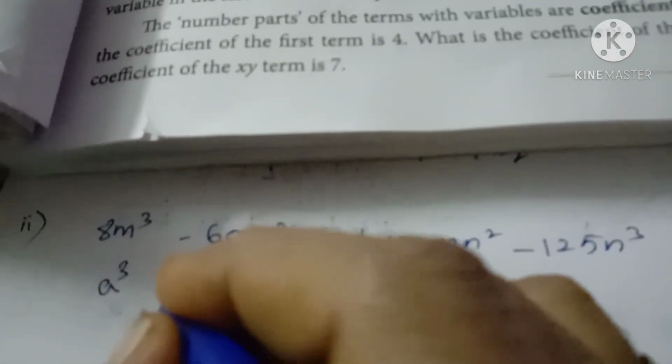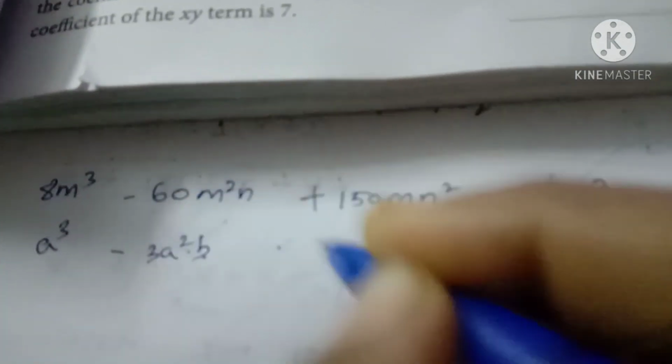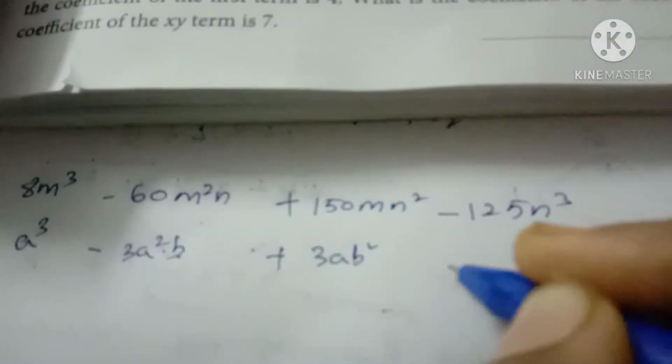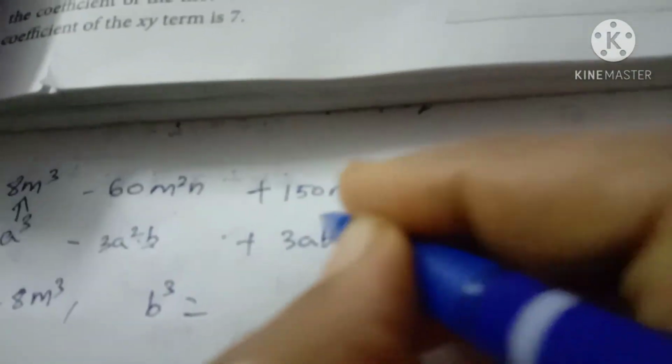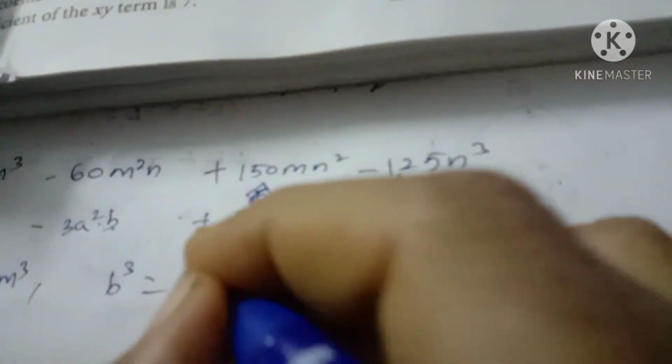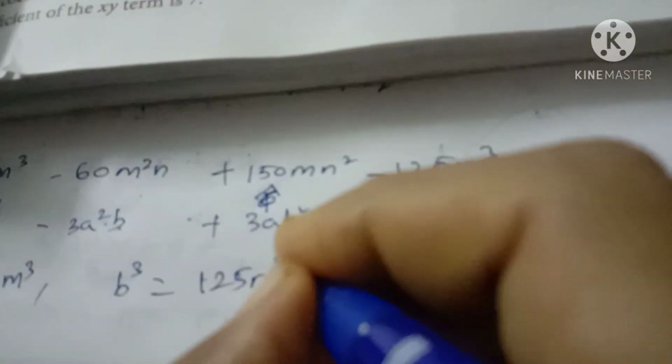So next question, 8m cube minus 60m square n plus 150m n square minus 125n cube. So you have to compare with the identity a cube minus 3a square b plus 3ab square minus b cube. So a cube is equal to 8m cube and b cube is equal to 125n cube.